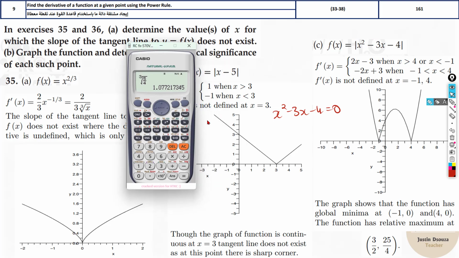All you have to do is mode 5, 3, and put 1, minus 3, and minus 4. And then x equals 4 and x equals minus 1. So these are the limits. But now how will you know where it's positive or negative? Now over here, in fact, if you have the knowledge of this graph, it's much easier.